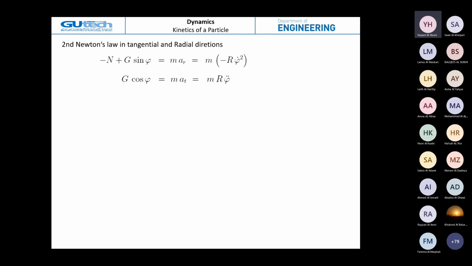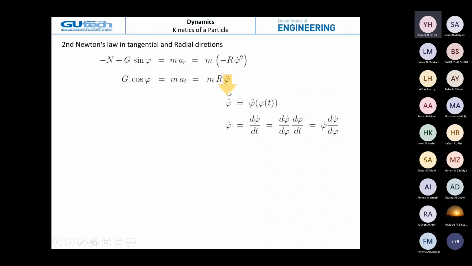There is no reactive force, there is only the active force, and in this case it is G cosine phi. And we have here the mass multiplied by the tangential or circumferential acceleration. Then we have the two equilibrium equations.